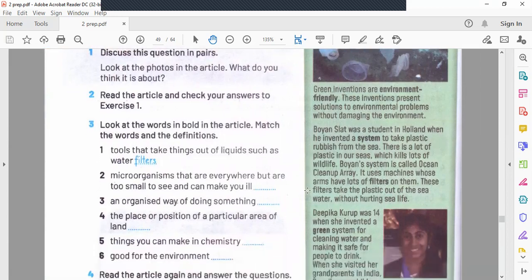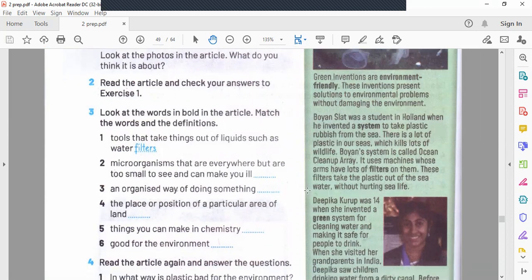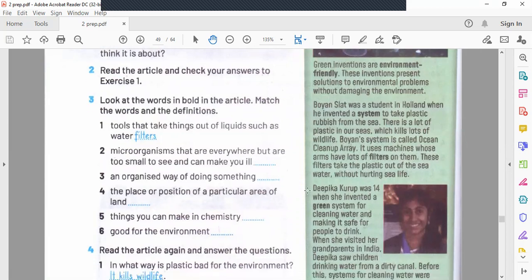Boyan Slat was a student in Holland when he invented the system to take plastic rubbish from the sea. There is a lot of plastic in our seas, which kills lots of wildlife. Boyan's system is called the Ocean Cleanup Array. It uses machines whose arms have lots of filters on them. These filters take the plastic out of the sea water without hurting sea life.